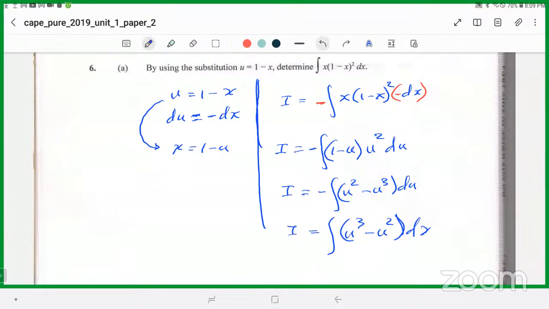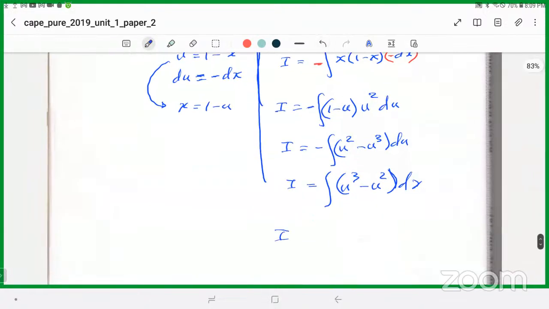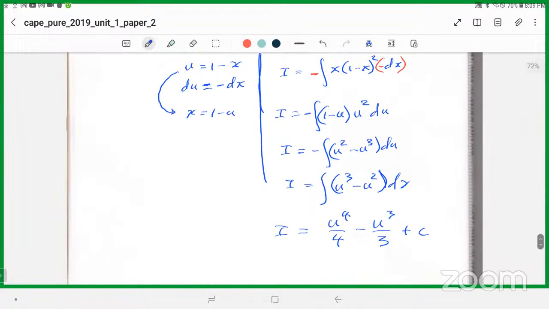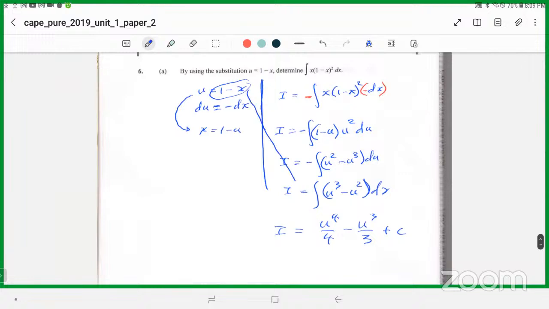I can integrate now, right? So the integral then becomes u to the 4th power over 4. That's what this one became. Minus this one, which is u cubed over 3. And don't forget the constant c. And once I reach there, now I can take the 1 minus x and substitute it back for the u here and there.